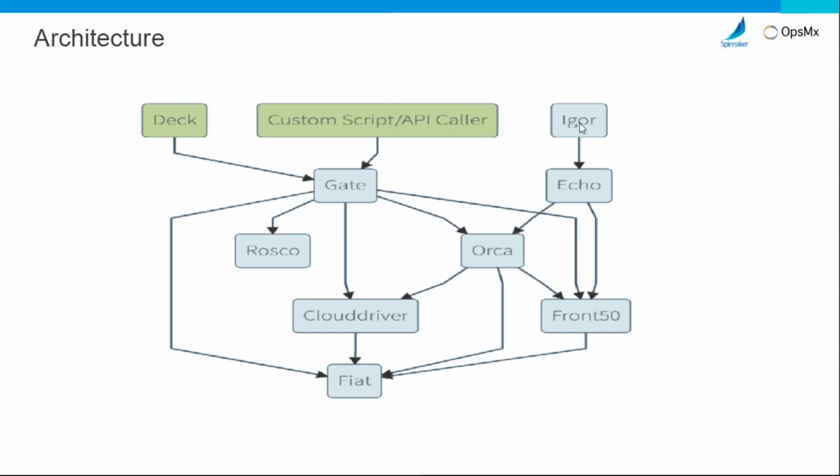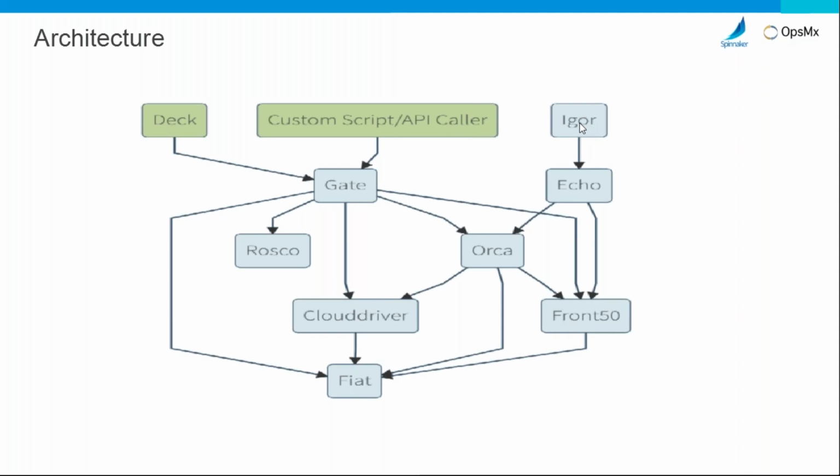If you have multiple stages, development, QA, SIT, UAT, production, for each and every stage you enable notification for multiple groups. Echo takes care of sending out the notifications. And Fiat is the authorization service where you can implement all your role-based access control.